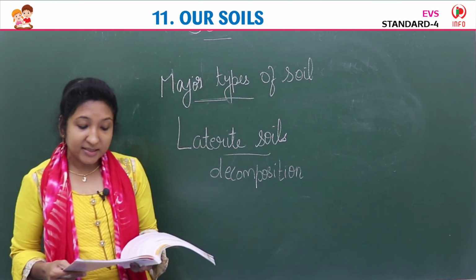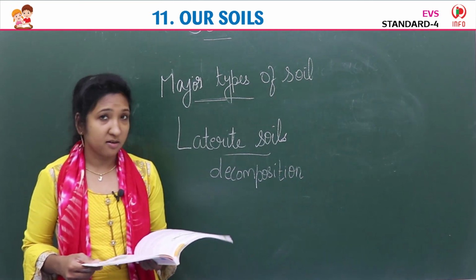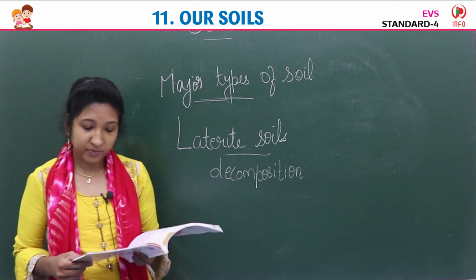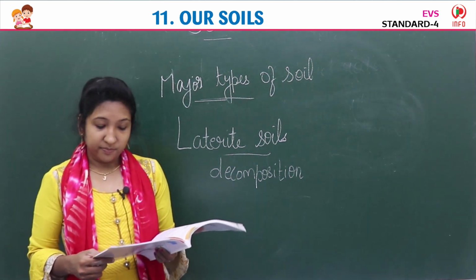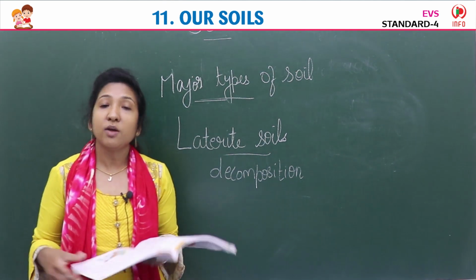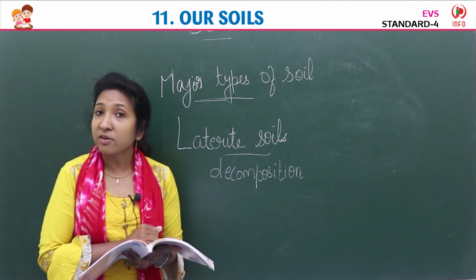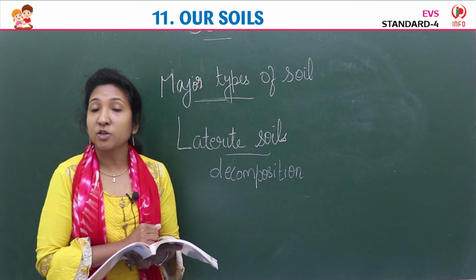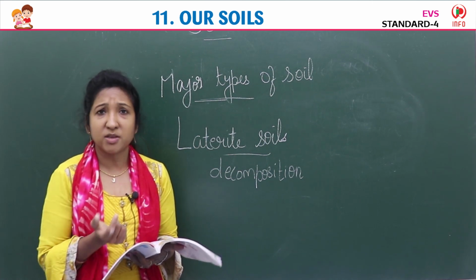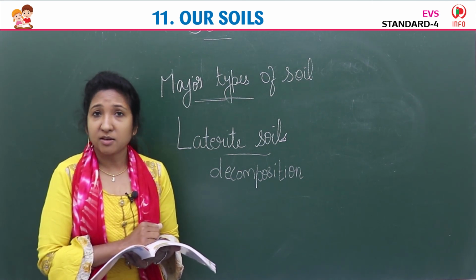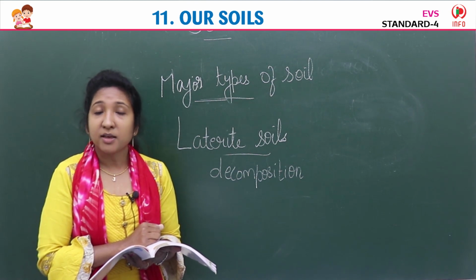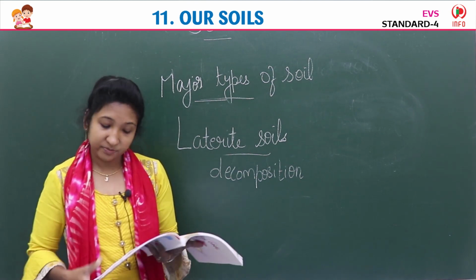The laterite soils in India are not fertile. The quality is not good, and they are not suitable for agriculture. If it is not fertile, farmers won't be able to grow crops there.